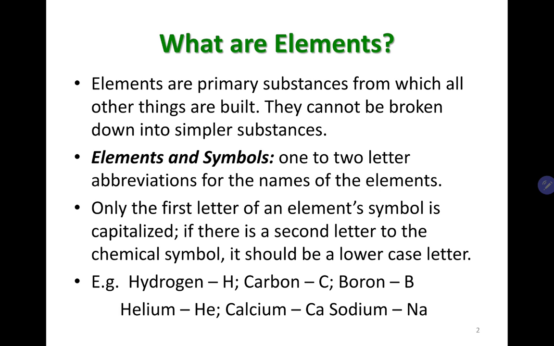Therefore sometimes we try to use symbols to identify elements. That is like a nickname for every element. Every element that is found in nature or that is present in something called the periodic table has a symbol.